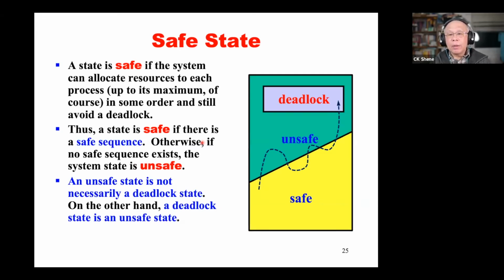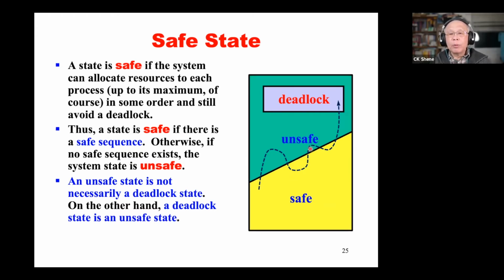Now look at this diagram. The system has two states, safe and unsafe. If we don't do anything and allocate resource in some arbitrary way, the system could be safe and sometimes veering into unsafe and then going back to safe and unsafe and so on.